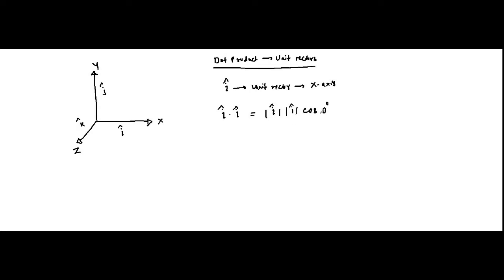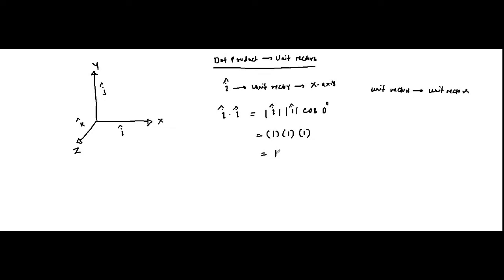So it will be 1 multiplied with 1 multiplied with 1, which is equal to 1, because unit vectors are of unit magnitude, whether it is i cap or j cap or k cap. So the unit vector i cap dot product with itself gives us the value 1.